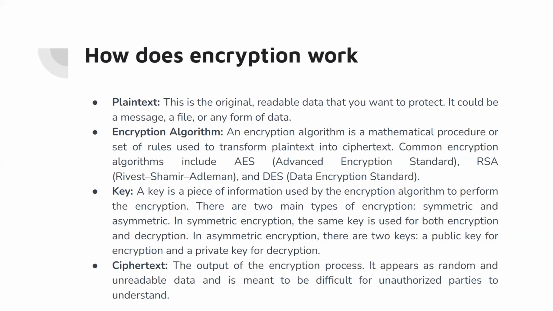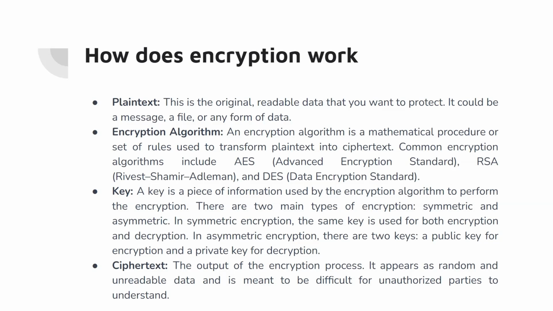Then there's a need to have an encryption algorithm, which is a set of mathematical procedures or rules that dictate how the transformation from plain text to ciphertext occurs. It's the core mechanism responsible for converting the readable data into a secure and unreadable format. There are examples of encryption algorithms such as the AES, which is a symmetric encryption algorithm widely used for its efficiency and security nowadays.